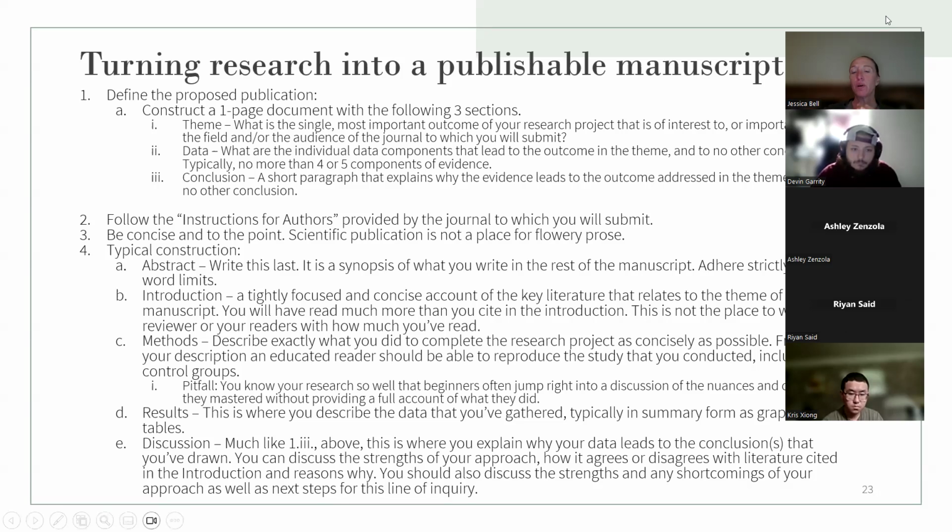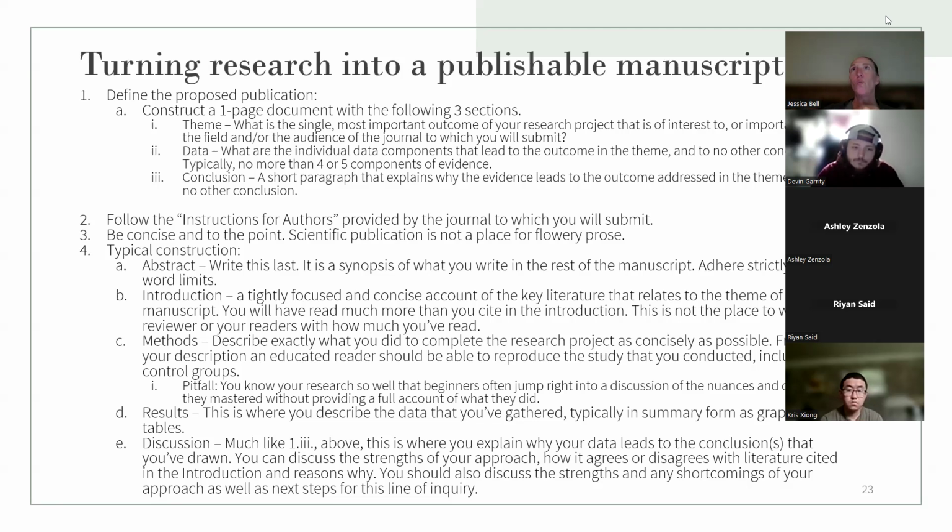Discuss the strengths of your approach, how it agrees or disagrees with the literature, right? So this is the stuff you bring back from your introduction, and you're like, even though it said that here, this is consistent with this work, or it's not consistent with this work, and why. Strengths and shortcomings of your approach as well.